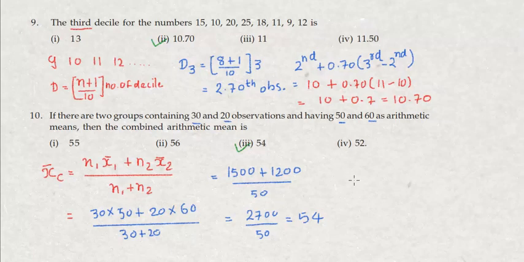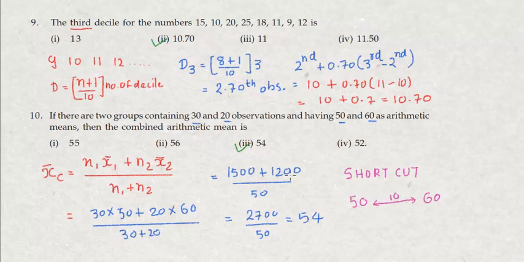Now let us find out a surprising shortcut to find out the combined mean. This is going to be a very interesting shortcut, so we can solve the question in a very fast manner. My mean number 1 is 50 and the second mean is 60. The distance between the means is 10.